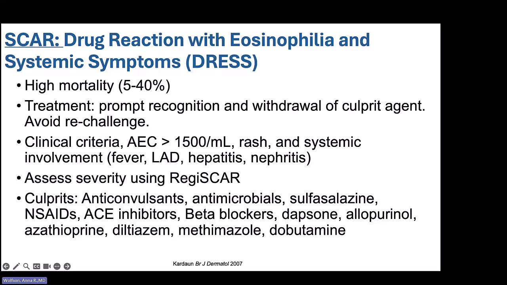So that you know whether you should be concerned. The biggest problem with DRESS is look at this long list of culprits. Very common ones are anticonvulsants, antibiotics, sulfasalazine, NSAIDs, ACE inhibitors, beta blockers, dapsone, allopurinol, azathioprine, diltiazem, methimazole, and dobutamine.